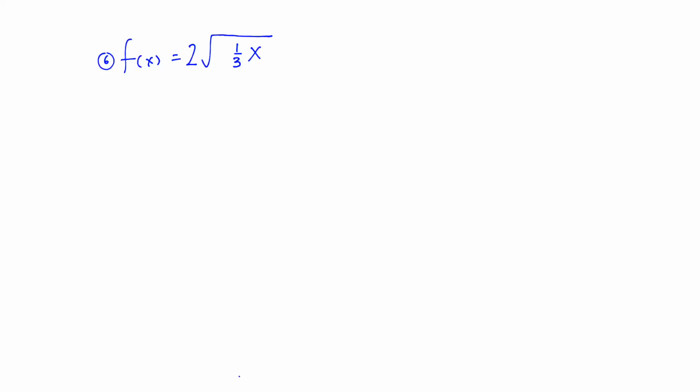So the last one that I have over here, let me just make this a little bit interesting. Let's do a cube root of 1/3 x. All right. So I have this function over here, and when I look at this, the parent function is the cube root of x. So step 1, if I'm reading from left to right, then I could do the 2 first, which is telling me that there was a stretch.